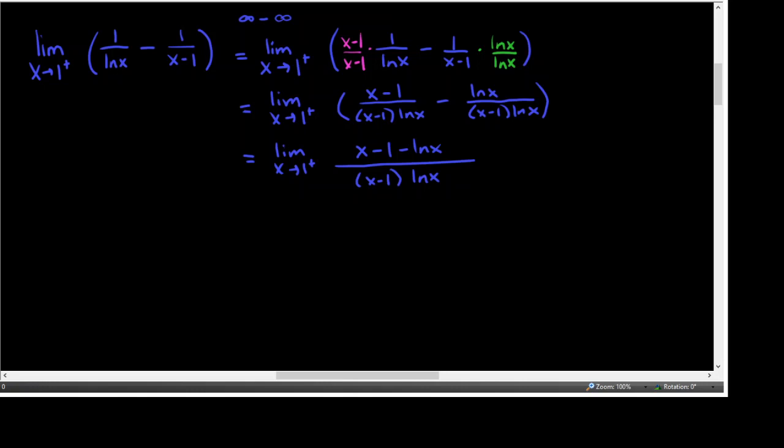And what we're hoping at this stage is that this becomes, as the limit of a fraction, 0 over 0 or infinity over infinity, so that we can actually use L'Hopital's rule. Okay, so let's see what happens here.